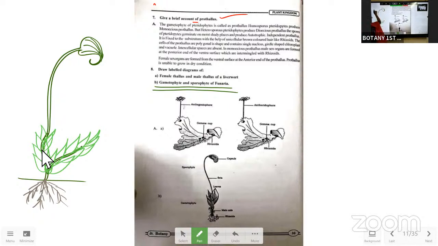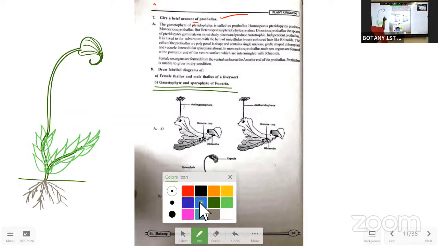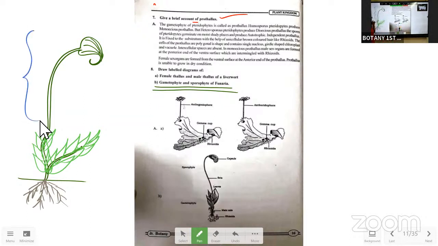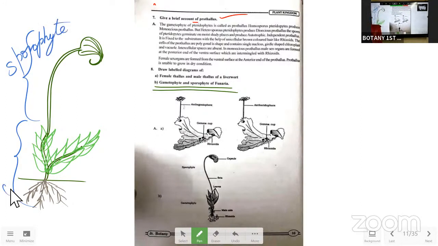Here for this diagram, we have to divide the portions. See, this is one part and this is another part of the plant body of funaria. The first one from the bottom is the gametophyte and this is the sporophyte.